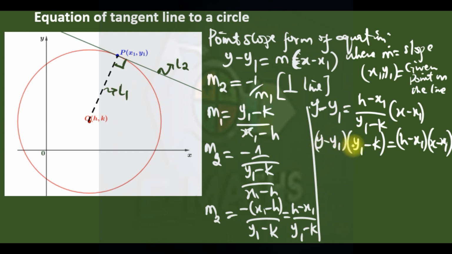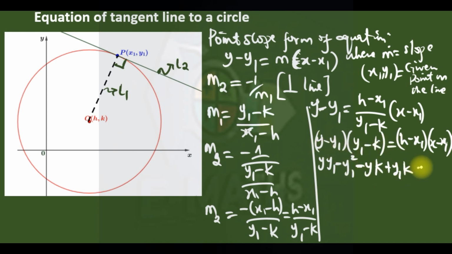Opening up the first bracket: y times y1 is y y1, y times minus k is minus yk, minus y1 times y1 is minus y1 squared, and minus y1 times minus k is plus y1 k.